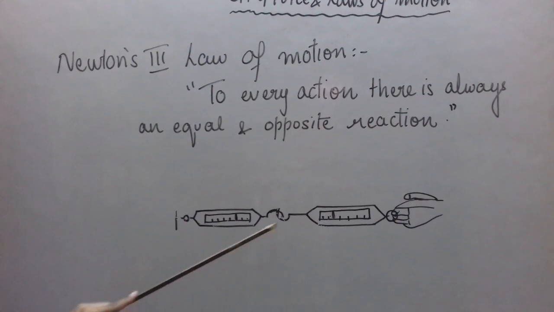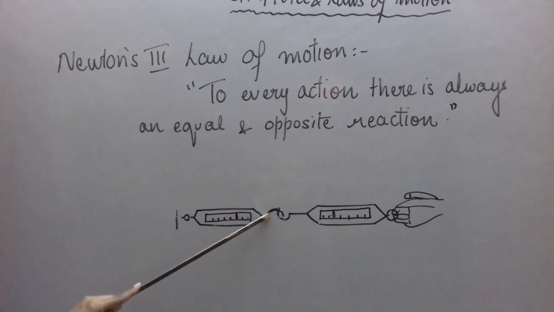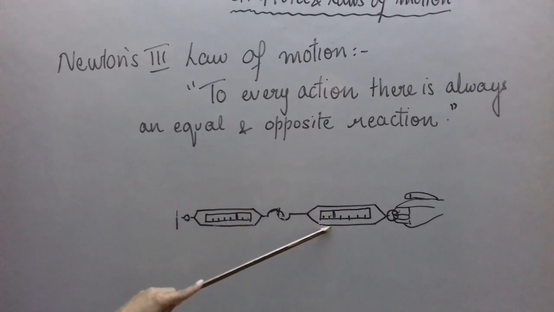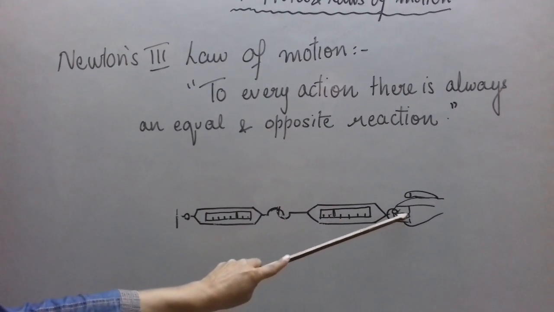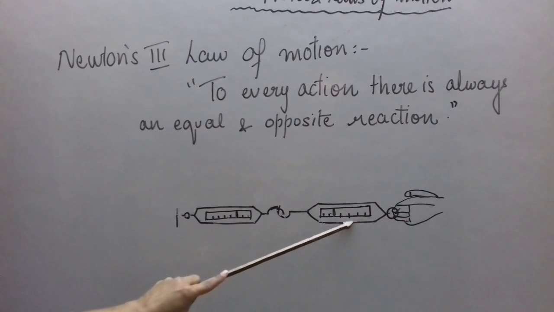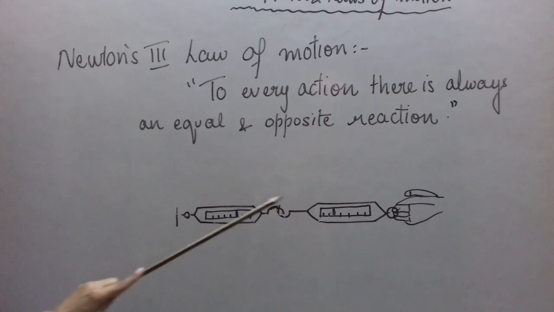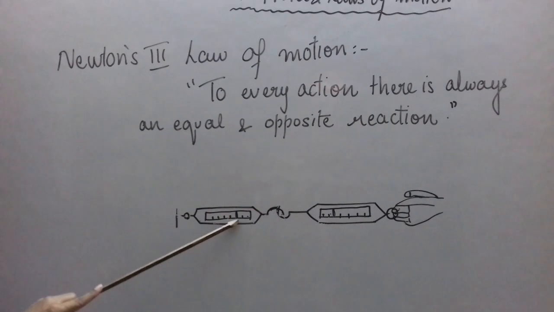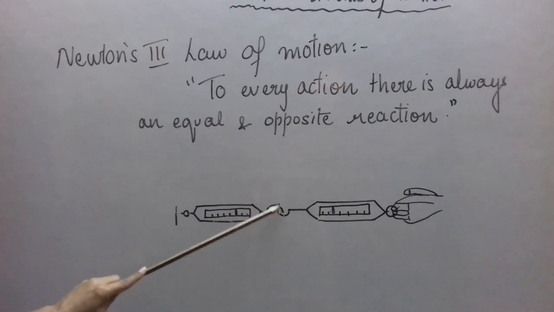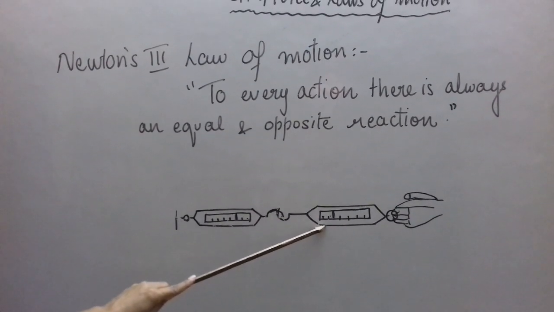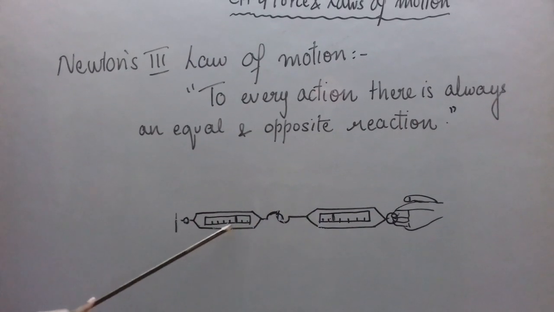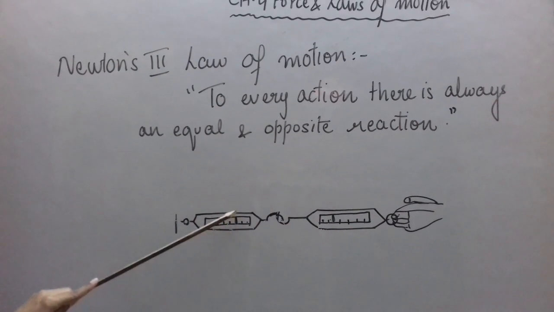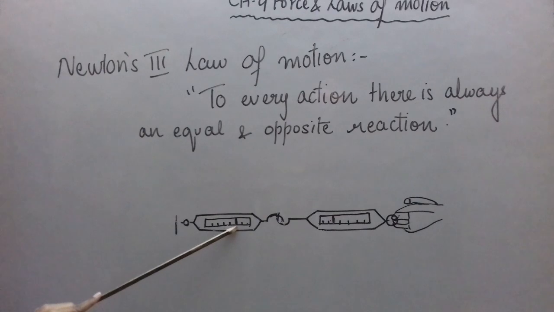But in this case, this spring balance is now pulled by the other spring balance. Actually, using fingers, using hand, we are pulling the second spring balance, but the first spring balance will show the reading. It means through this hook, the second spring balance is exerting a force on the first spring balance, and we can see the reading here.